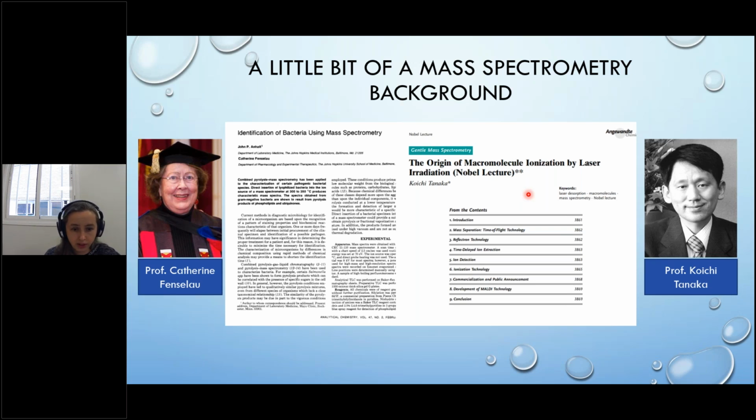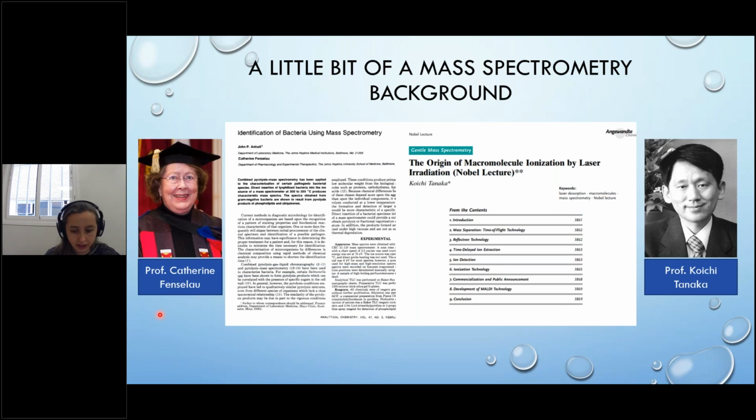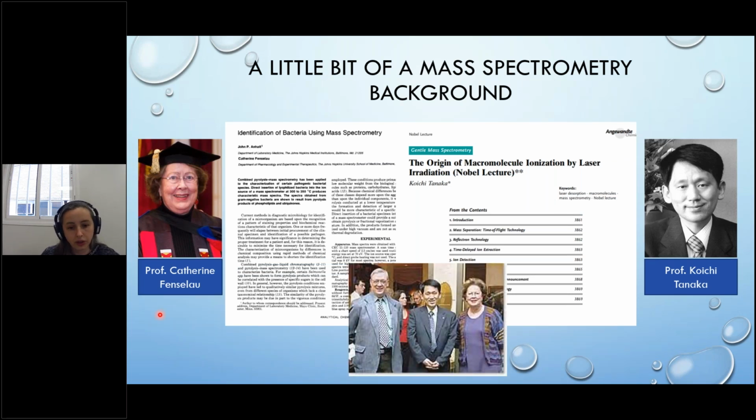So both researchers established the basics for the identification of bacteria or other pathogens or microorganisms using MALDI-TOF. This picture I like so much: it's both of them during the 2002 Nobel Prize ceremony.